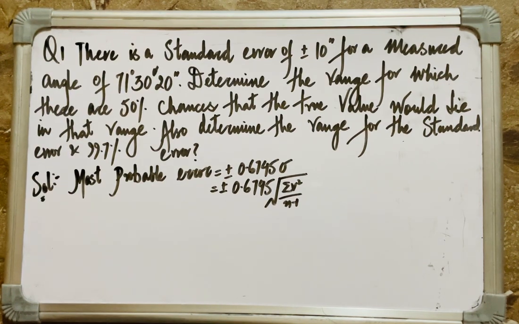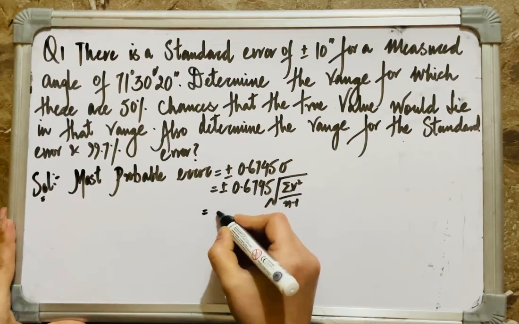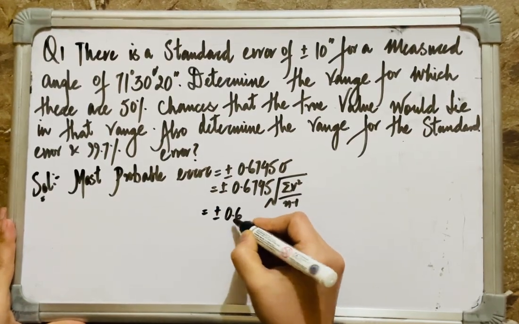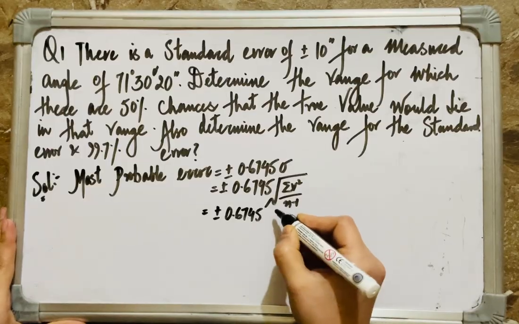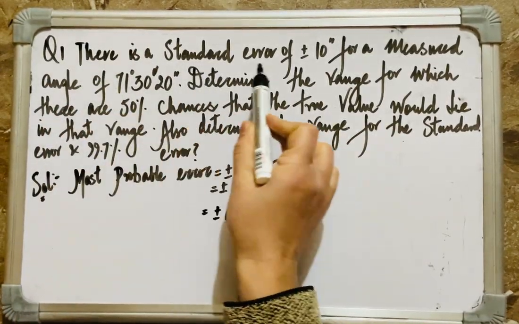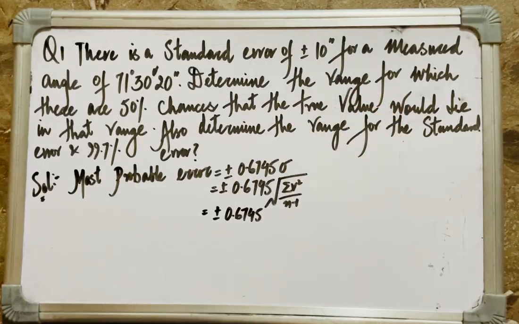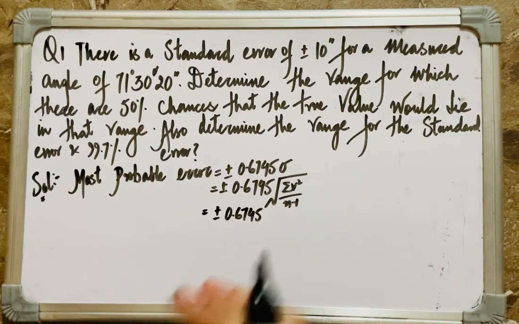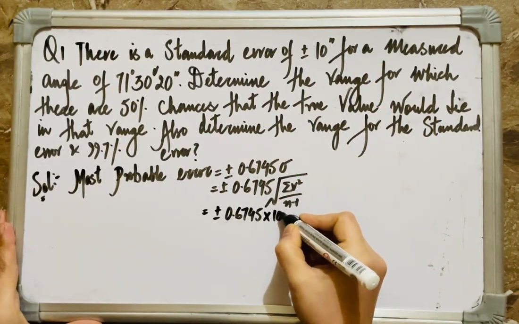So let us try to solve this. It will be given by plus minus 0.6745 times sigma. But in the question it's itself given that there is a standard error of plus minus 10 seconds. We know that standard error is the same as standard deviation. So our standard error or standard deviation is plus minus 10 seconds.